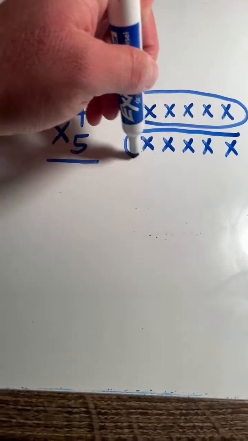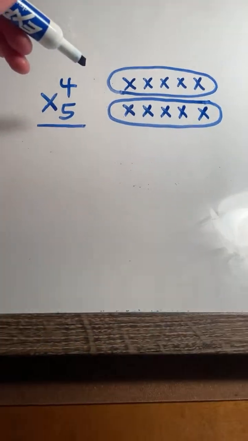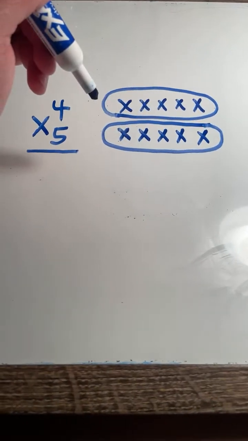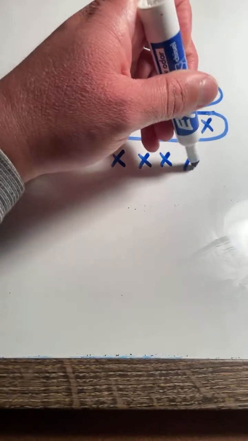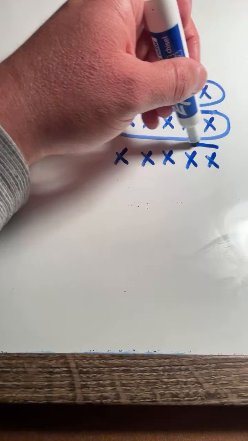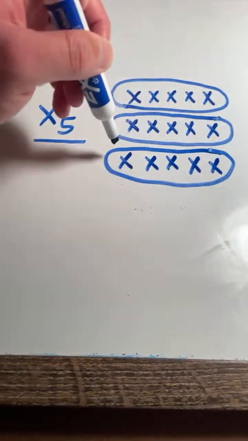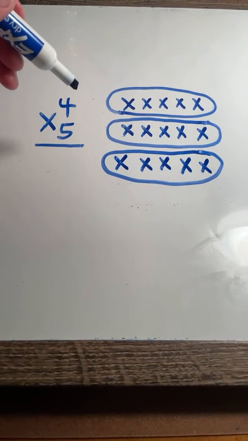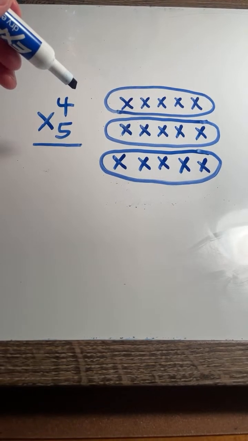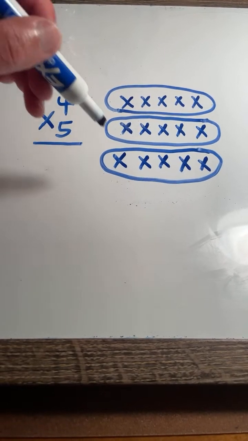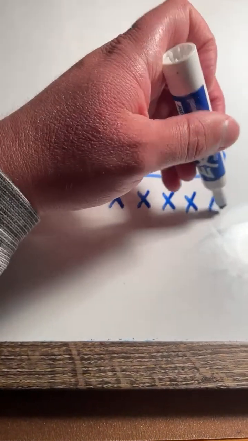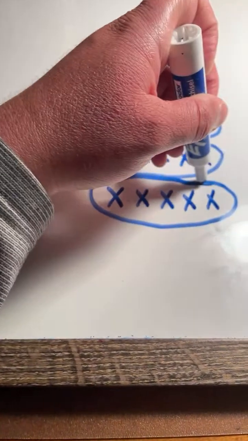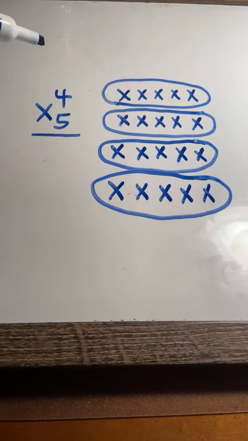So I now have a second row of 5 X's. 1, 2, 3, 4, 5. And I have a third row of 5 X's. 1, 2, 3, 4, 5. I now have a fourth row of 5 X's. So I now have 4 rows of 5.